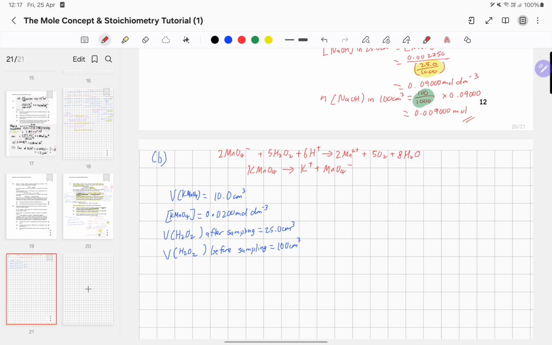So in that sense, if you're going to calculate the number of moles of potassium manganate, you're also going to calculate the number of moles of manganate ions. So over here I can just say n of MnO4 minus equals n of KMnO4, and this will equal 10.0 over 1000 multiplied by 0.0200 mole per dm cube.